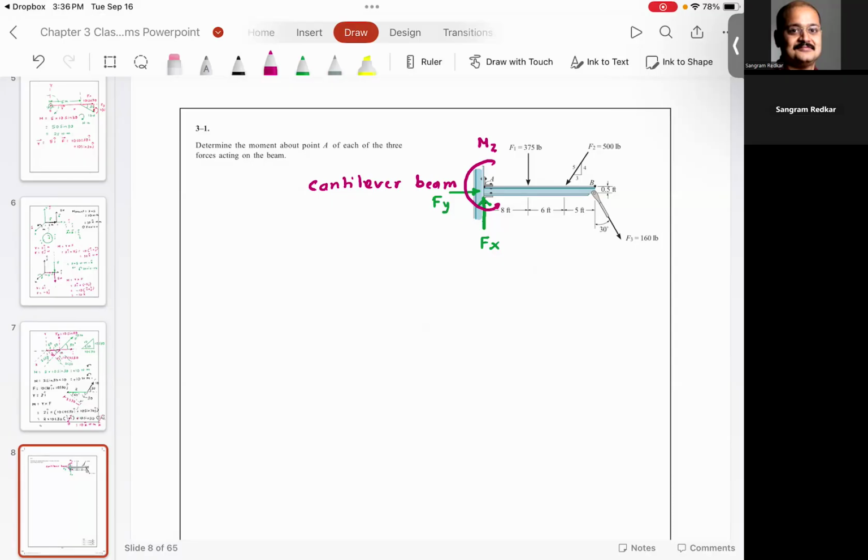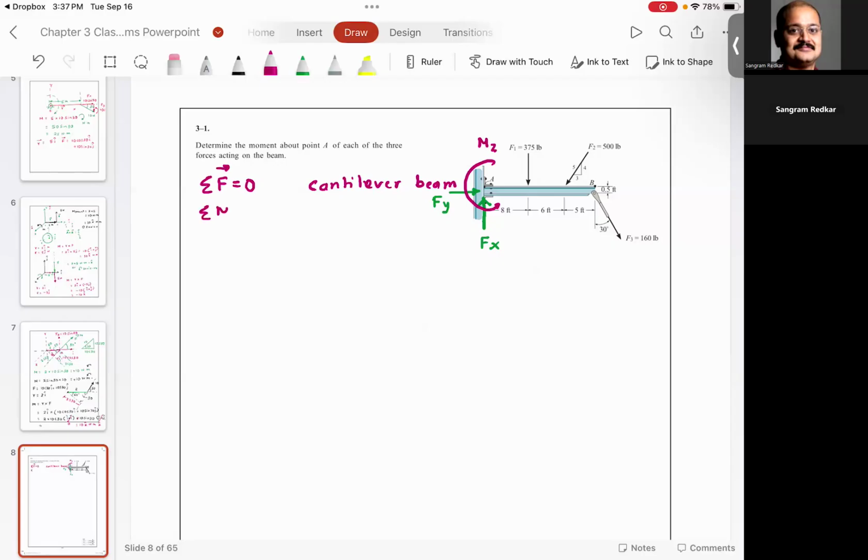Can someone tell me what is the God equation of statics? What is the God equation for statics? Static equilibrium. It means if you want this beam to be in equilibrium, the summation of forces in x, y, and z direction is 0.